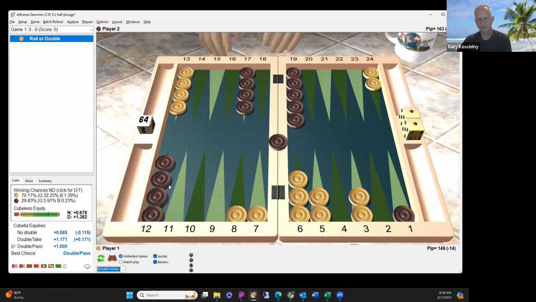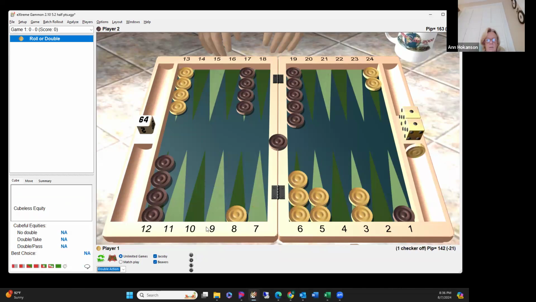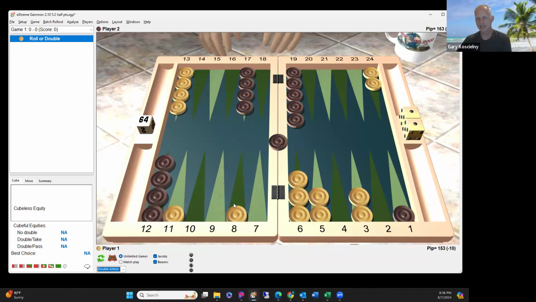And this is probably a big pass now. Oh, wow. This is not quite in the zone because this checker can't make an inner board point, so this is probably still a take, but it's barely a take. Now put a full extra checker in the zone, and this is going to be a pass.